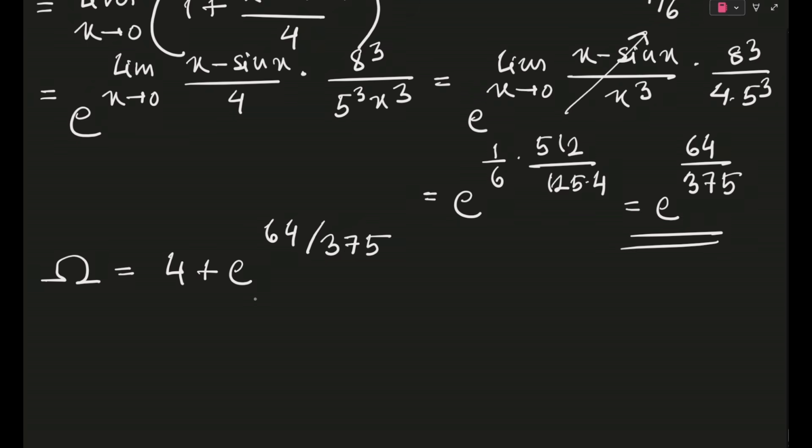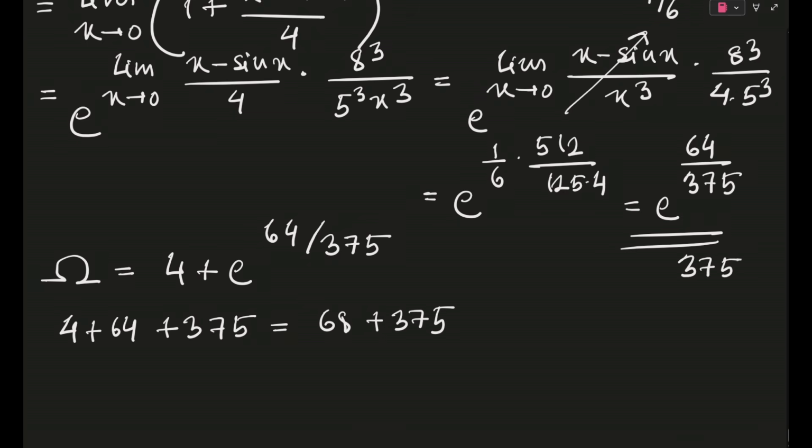And actually we were asked the sum of all these terms. So 4 plus 64 plus 375, which is 68 plus 375. If I just do a little rough work and add this, 375 plus 68, this is 8 plus 5, 13, 1 plus 7, 8 plus 6, 14, and 1 plus 3, 4. So your final answer for this question is 443.